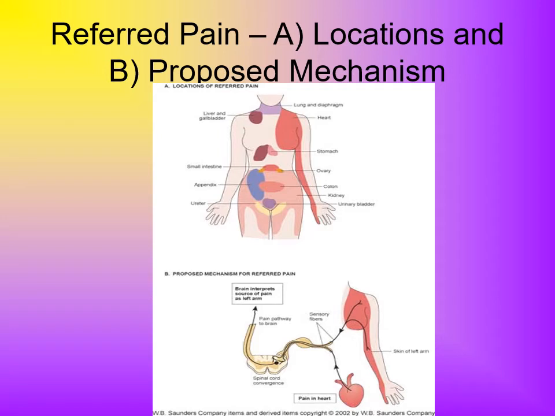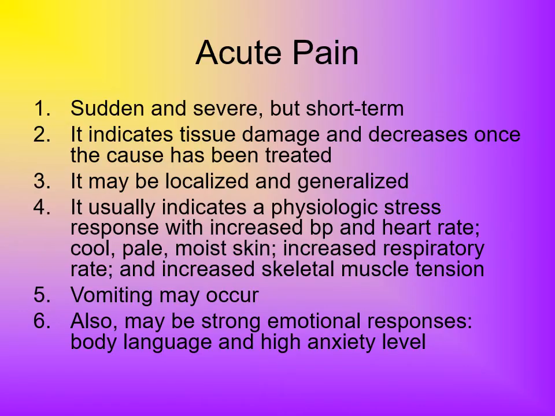And you probably already know that pain is usually rated on a scale of 1 to 10, where 10 is the most severe. So, speaking of acute pain, it is defined as something that's sudden and severe but short term. It indicates tissue damage and decreases once the cause has been treated. It may be localized or generalized.